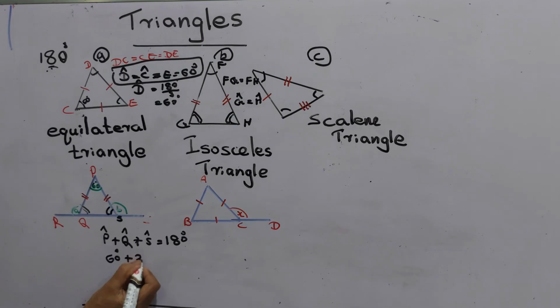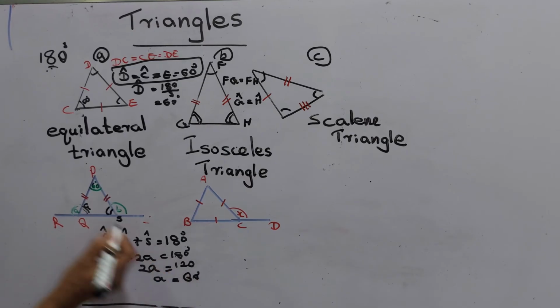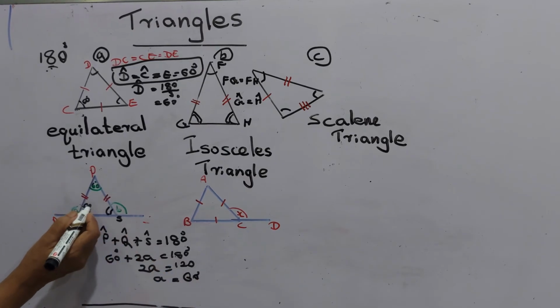We can name each A, then 2A equals 180 take away 60, which is 120, so A equals 60 degrees. This also gives 60 degrees.